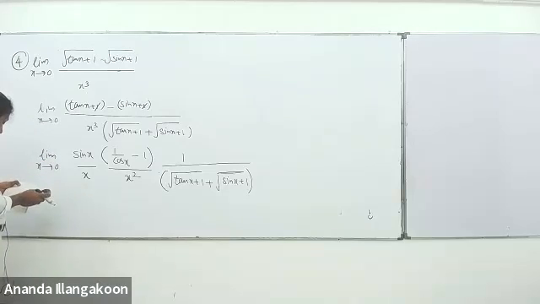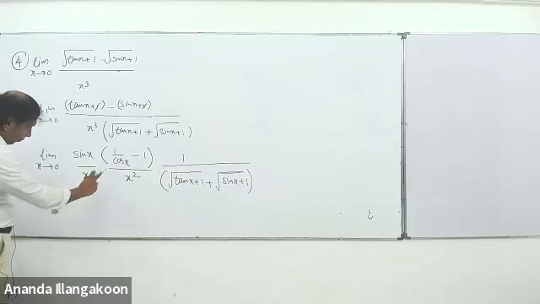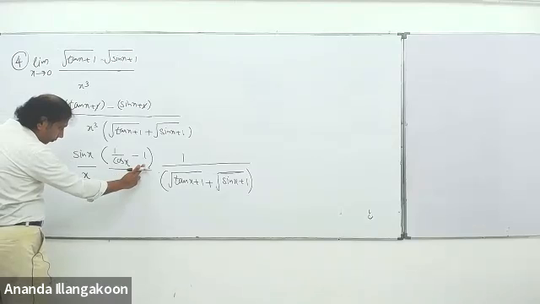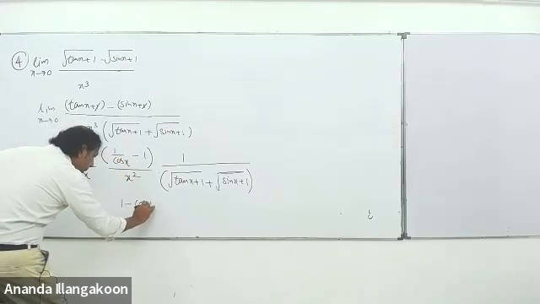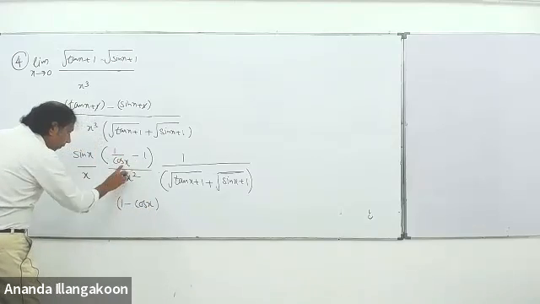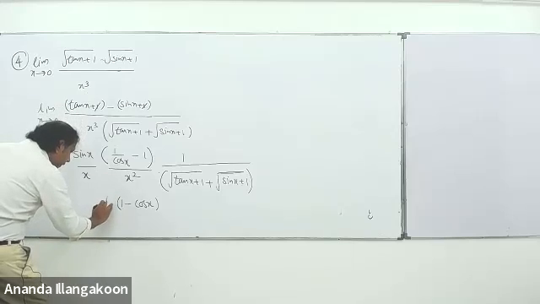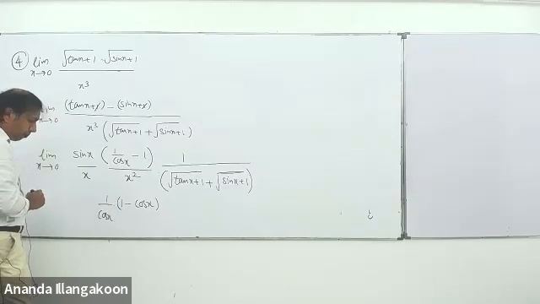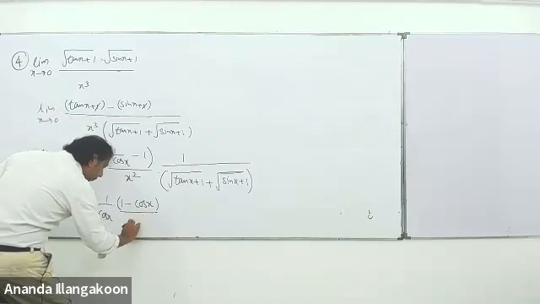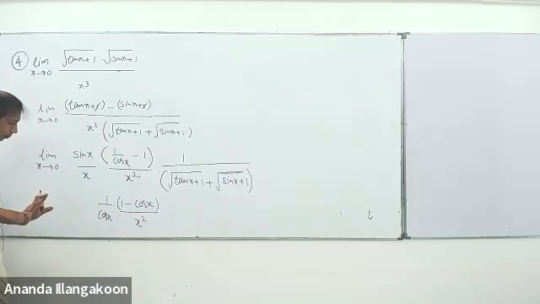Now we can do it like this. This cos x, I take common denominator here. We get 1 minus cos x here, right? That cos x coming here, I write as 1 over cos x. Understood? This x squared I write here.